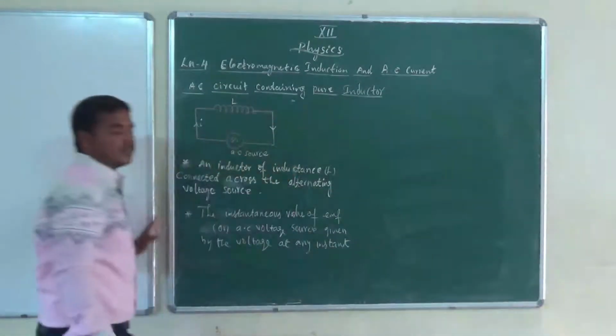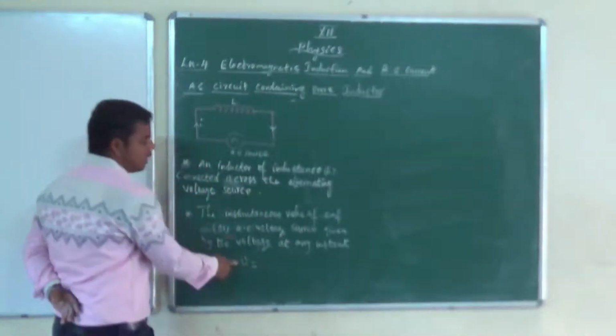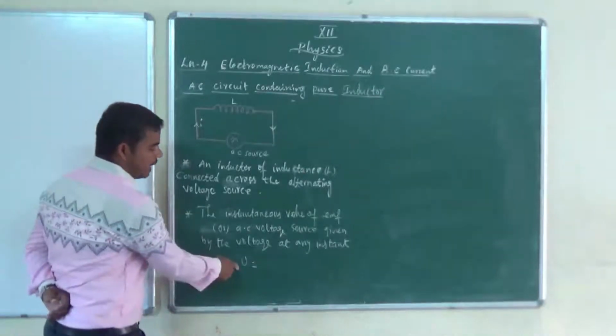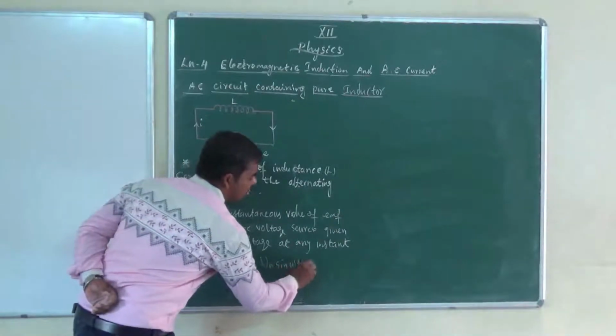How can we represent it? We can write it in the equation. The alternating source of EMF is given by the voltage Vm sin omega t.